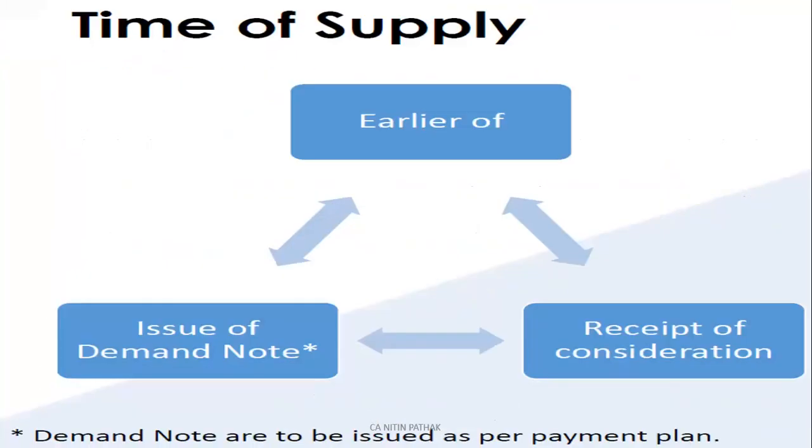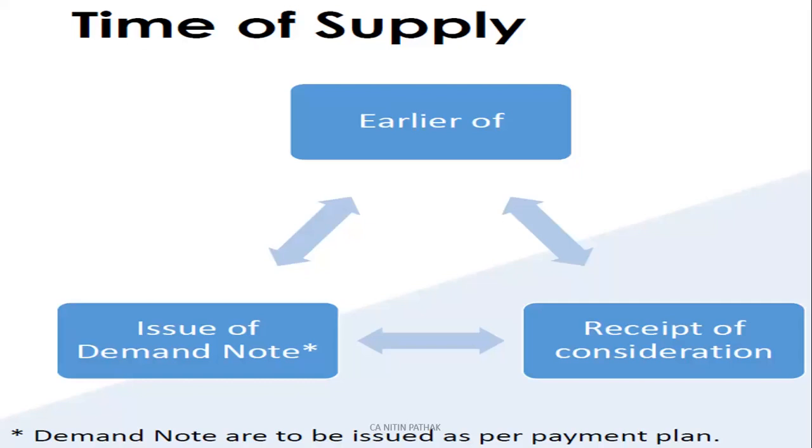Okay. Now before going into the further slide, before coming to an example, I am talking about a few things on time of supply. Time of supply, TOS. When you pay advance money to the builder, there is a chart, like 5% at the time of first slab, 10% at the time of second slab, third slab, then there is an issue of notice or advance made to them, whichever is earlier.